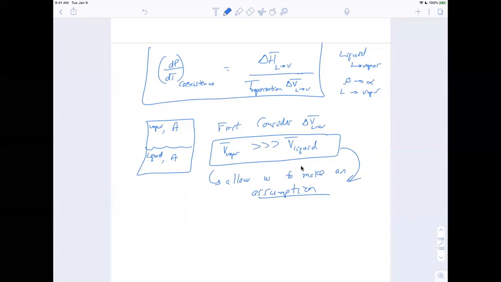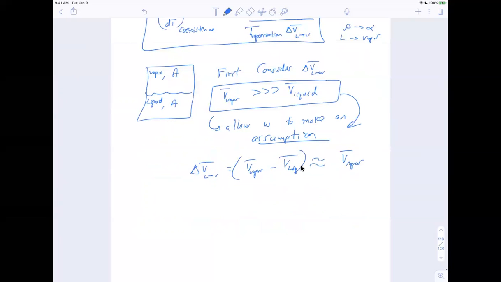that delta V bar for the liquid vapor transition, which is equal to V of the vapor minus V of the liquid, is going to be more or less equal to the molar volume of the vapor, because the liquid molar volume is much, much smaller.